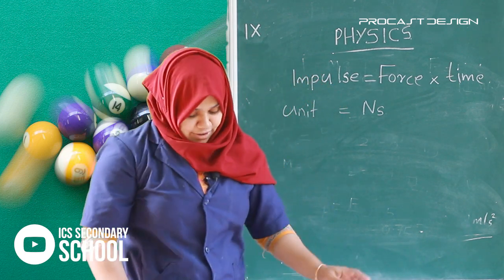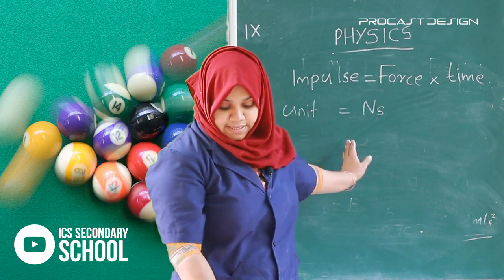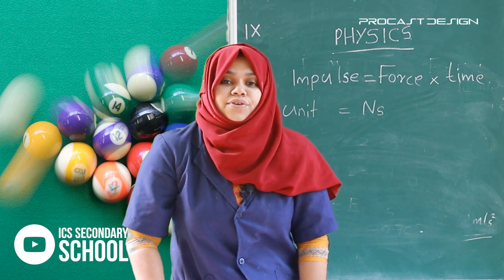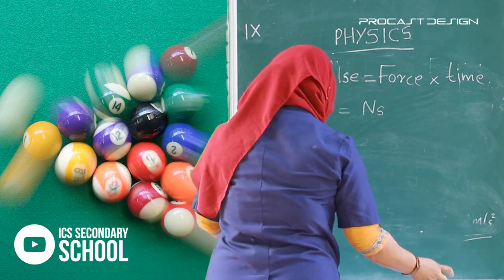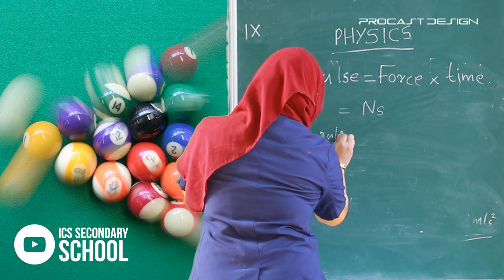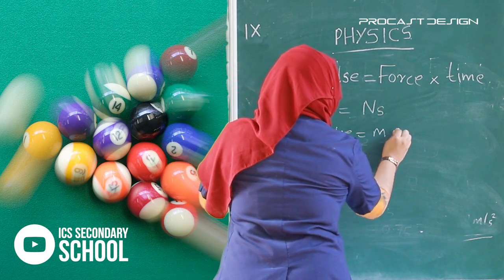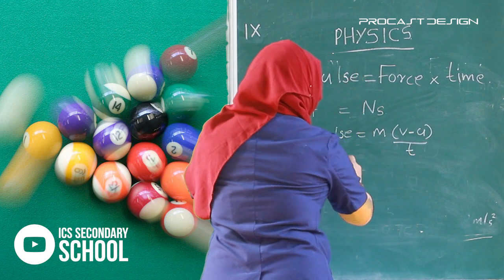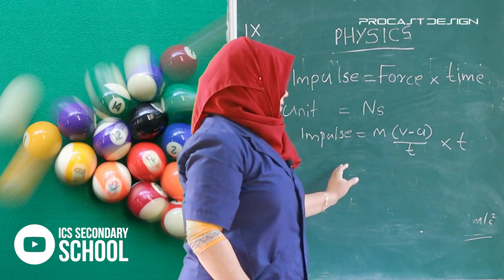Next, how can we write this? Impulse is equal to F into T. We know that F is equal to M into V minus U by T. We apply that. Impulse is equal to M into V minus U divided by T, and into T. This T and this T cancel each other.